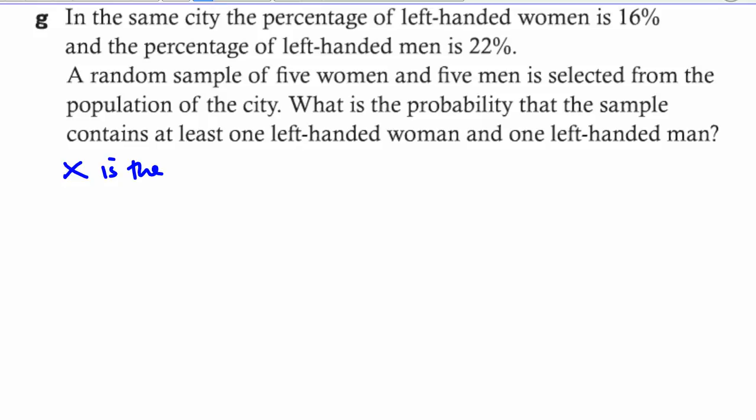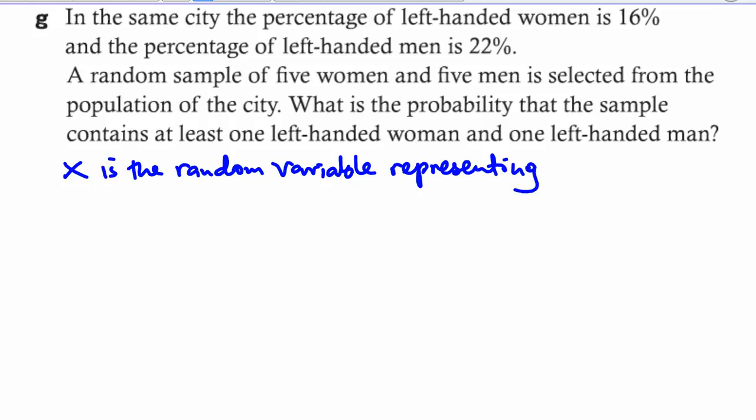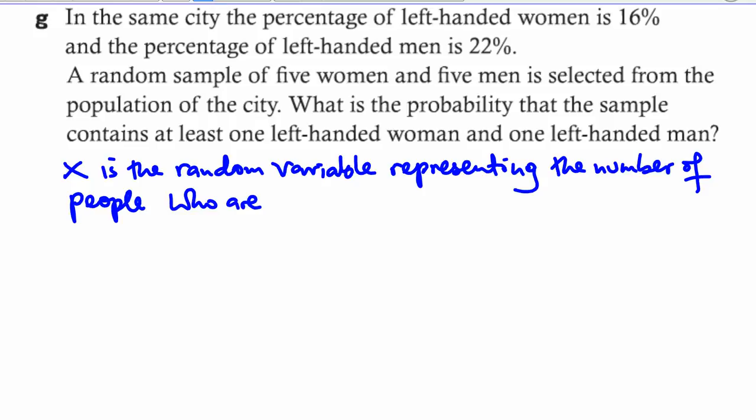Before I write the distribution, X is the random variable representing the number of people who are left-handed.